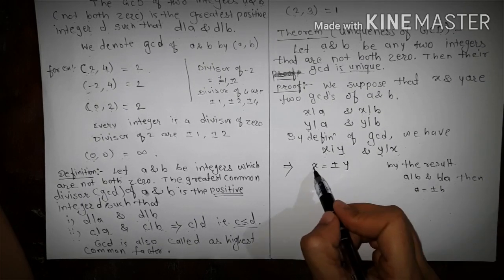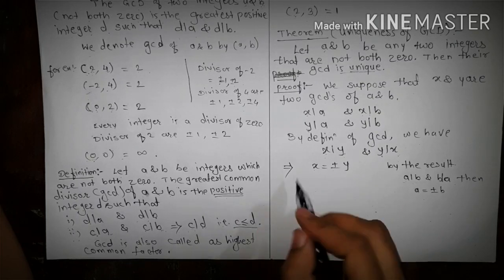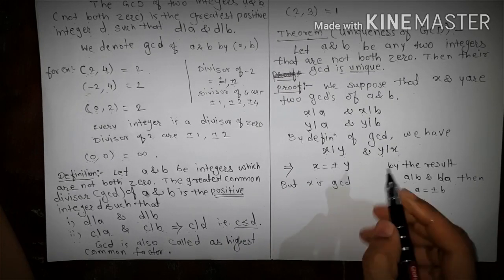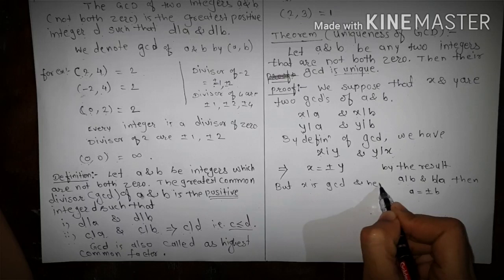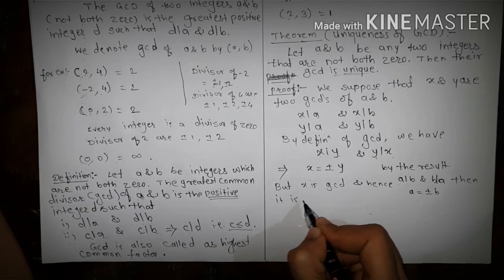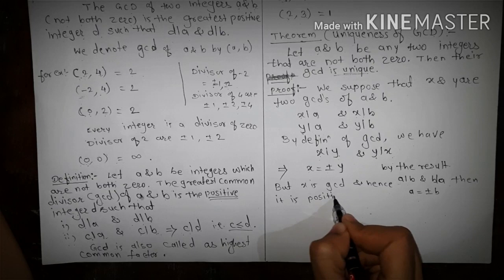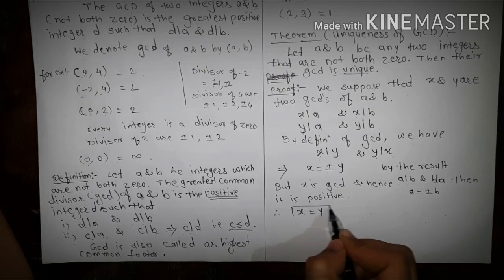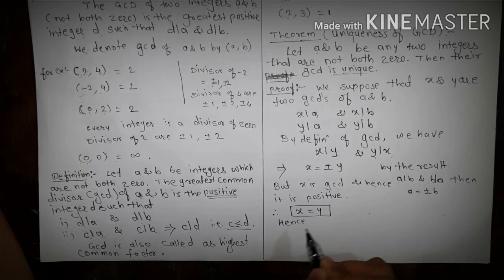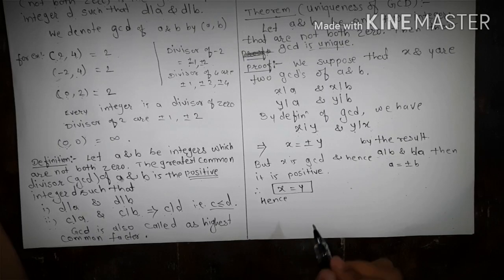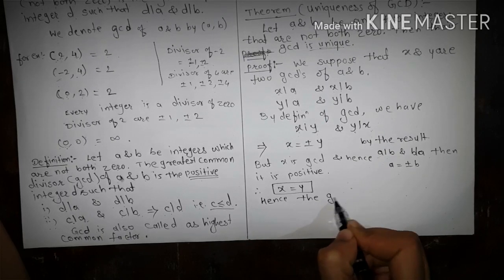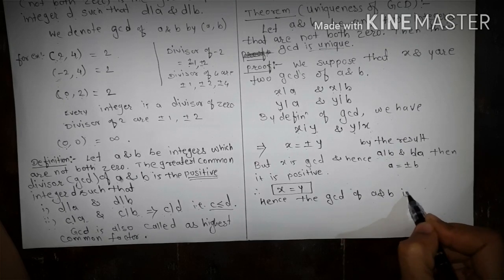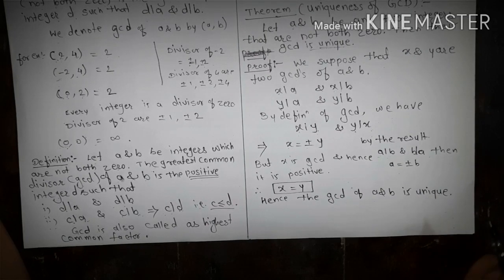So we have here x equals plus minus y, but x is a GCD and hence it is positive. Okay, so therefore x equals y. Hence the GCD of a and b is unique. Hence the proof.